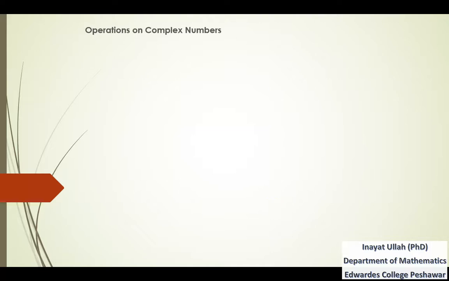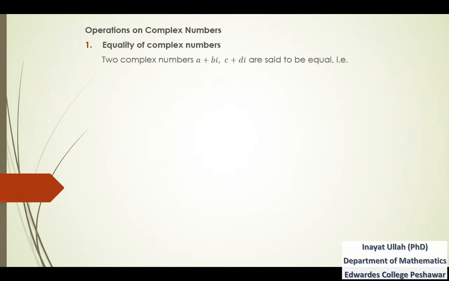In this slide we will study how many operations can be performed on complex numbers. The first one is the equality of complex numbers. For example, we have two complex numbers, a plus b iota and c plus d iota.